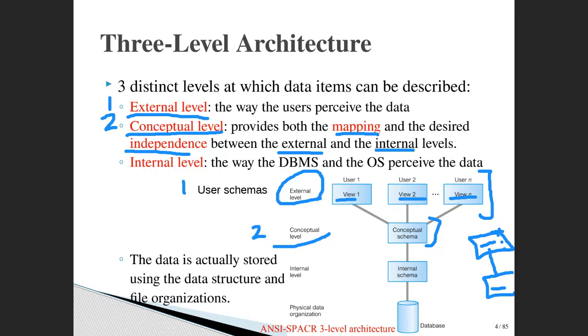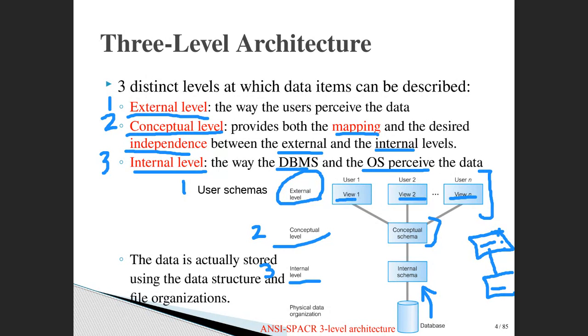Okay, talking about the third level or internal level, it's the way that the database management system and operating system perceive the data. See the difference? So here we are talking about the physical schema. The internal level is the way that the operating system or the database will be perceiving the data.